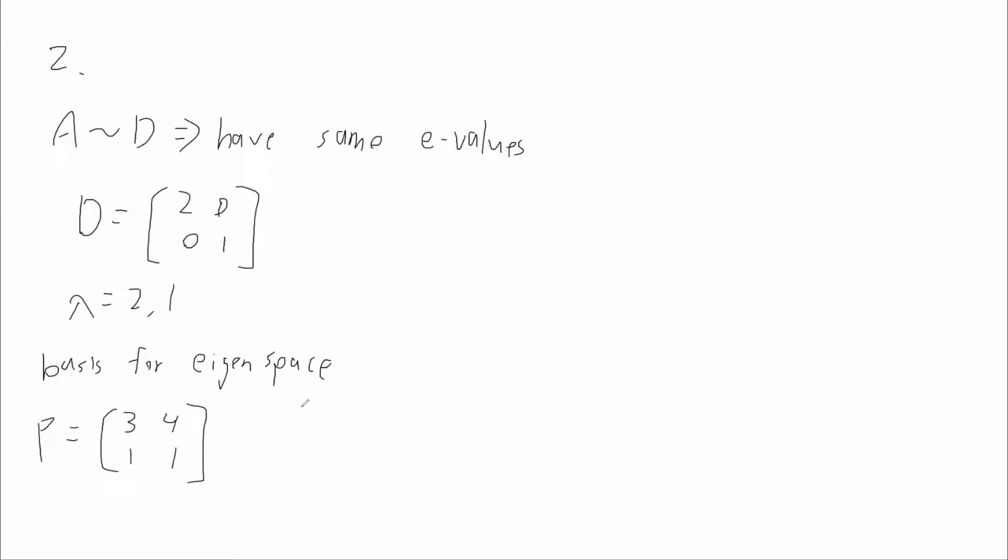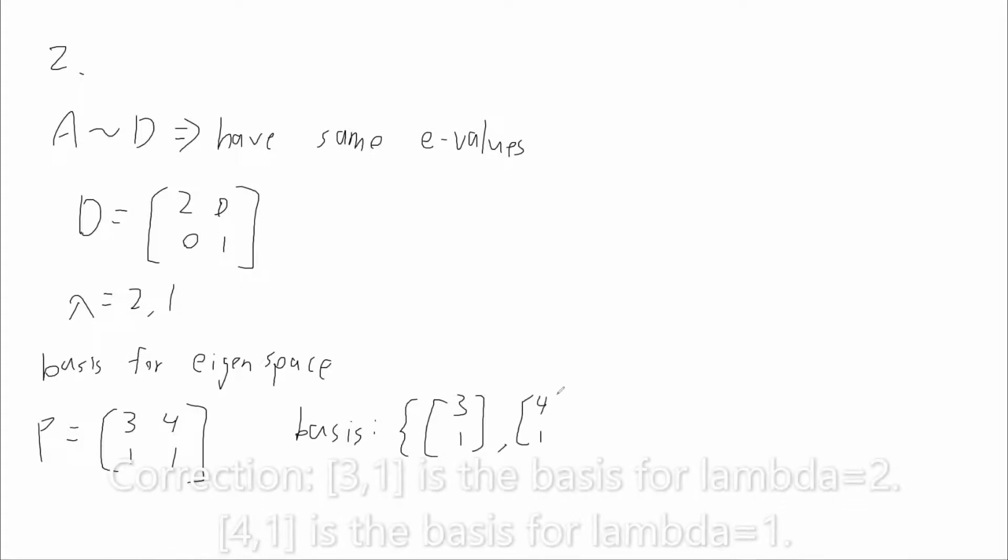So the basis would just be the collection of these two vectors, (3, 1) and (4, 1). Done, right? Nothing extra we need to do. All we're doing here is using theorem 5 to help us find the eigenvalues and the eigenvectors. And of course, in this case, the basis for the eigenspace.